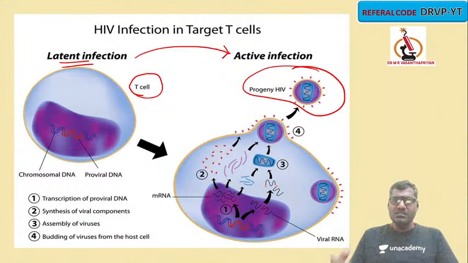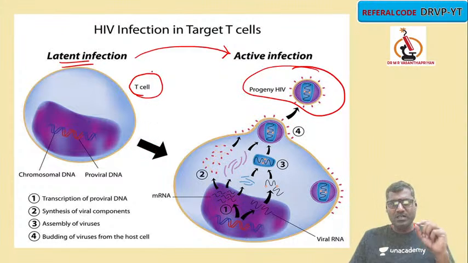These new viruses continuously infect the nearby cells, by which the number of viruses increases. So about latency, remember the virus may not be detectable, but even in the latent infection of HIV, we can demonstrate the virus as well as its antibodies during the latent period by some laboratory testing, to remember.